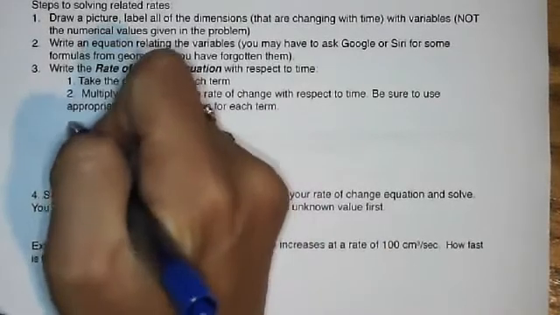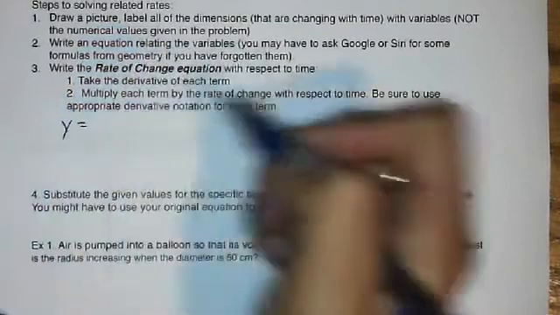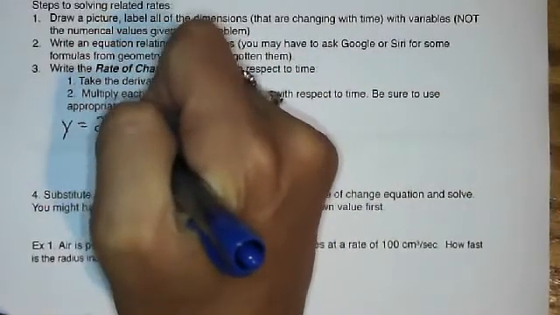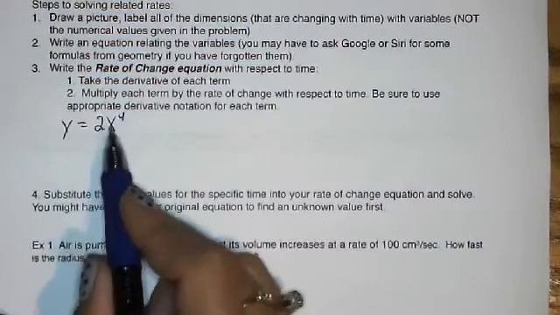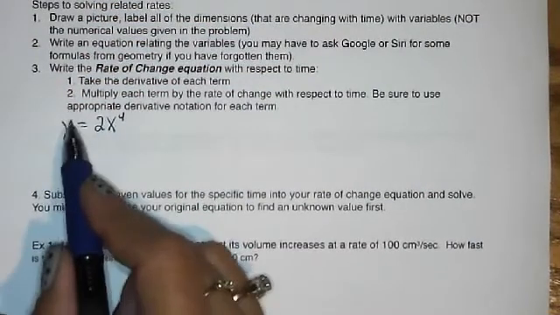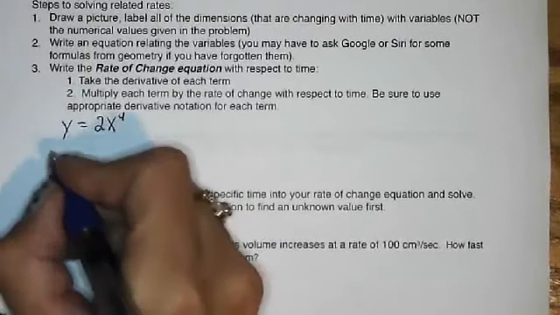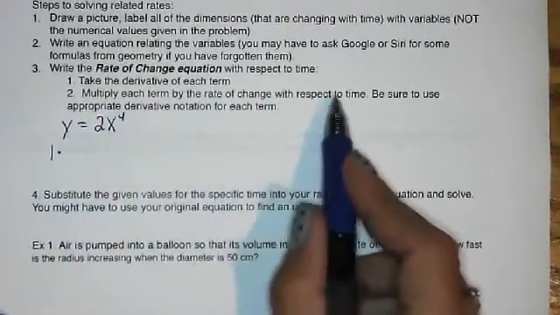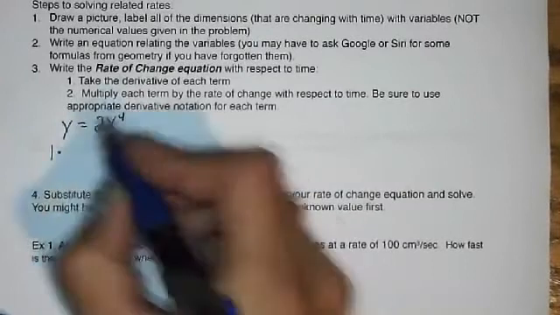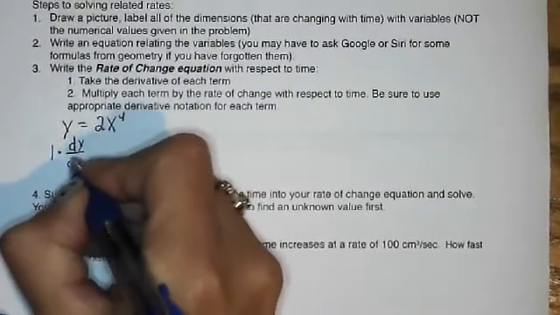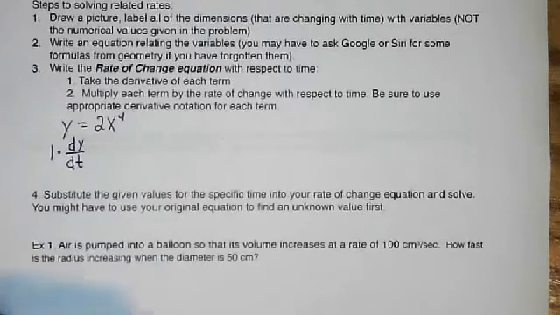Say our equation we wrote was y equals 2x to the 4th. So there are two variables here that are going to change with time. Y is going to change and so is x. So we do the derivative of y, which is 1. And then we have to multiply by the rate of change with respect to time. And all that is the derivative of y with respect to time.